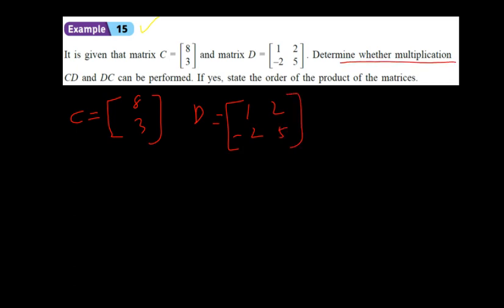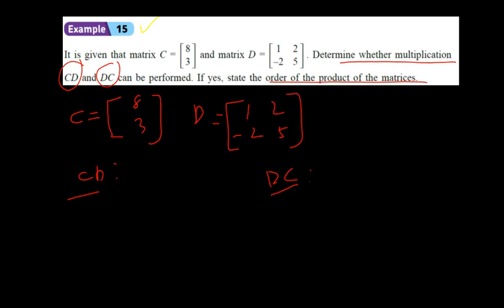So determine whether the multiplication of CD and DC can be performed or not. If yes, state the order of the product. Okay, let's see.